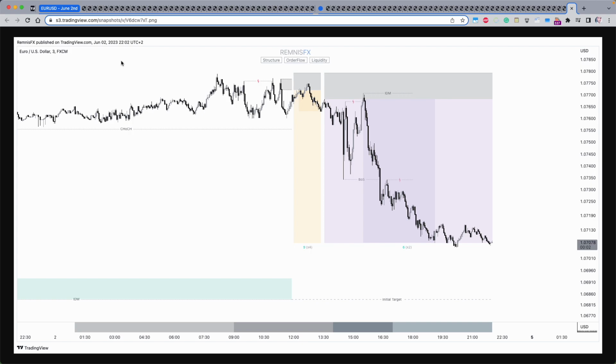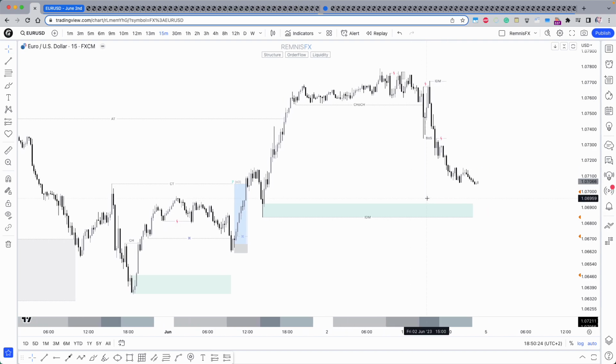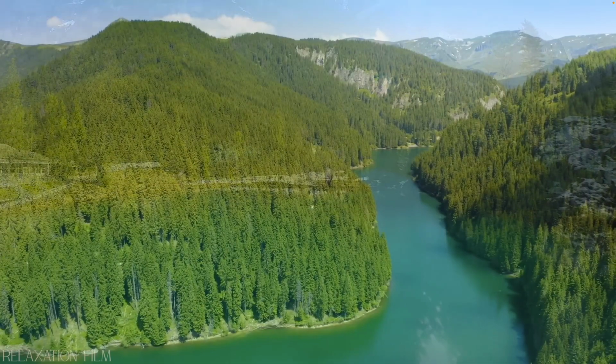So yeah, that's basically it, family. A quick detailed recap and breakdown of my EURUSD session. And from this point on, it should definitely be interesting to see what EURUSD will do in the coming week.